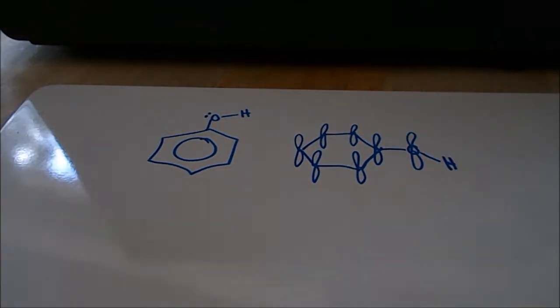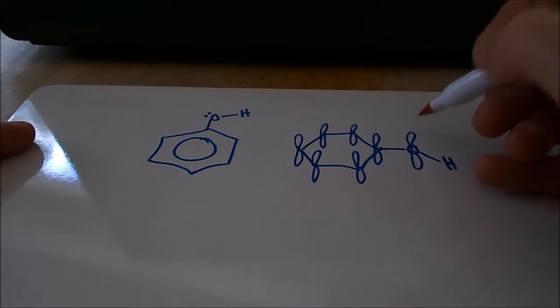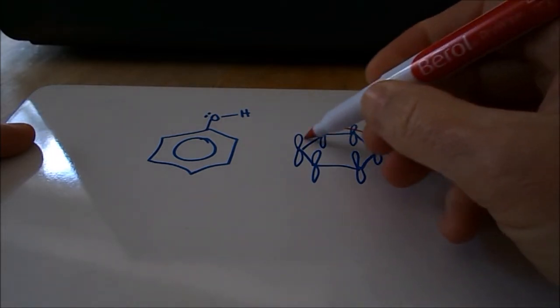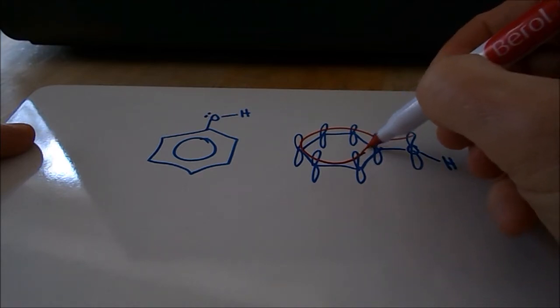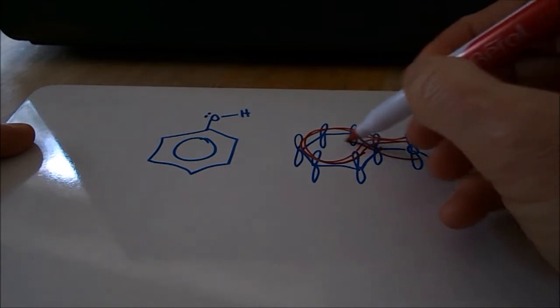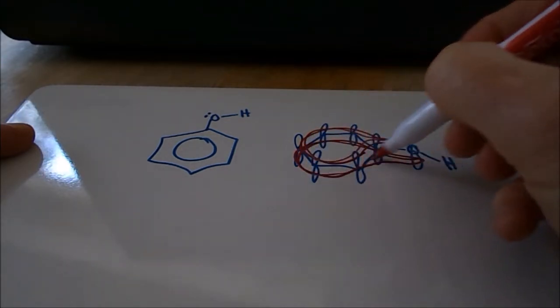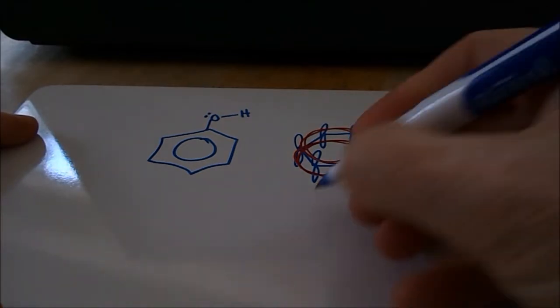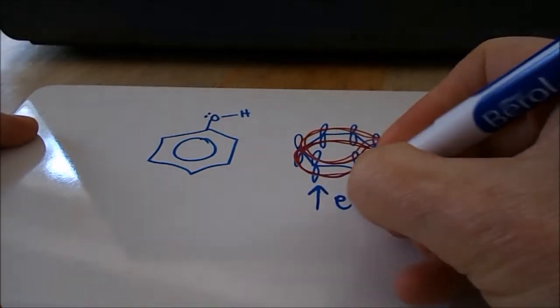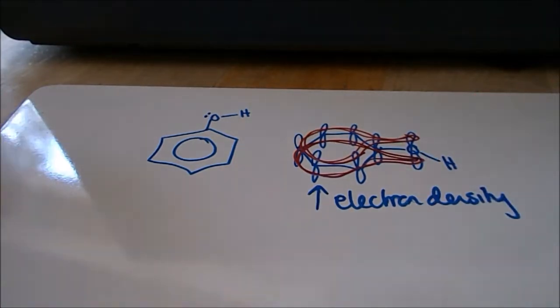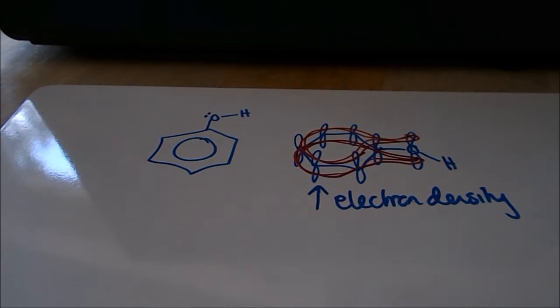So what we can now have is our lone pair of electrons in the p orbital on the oxygen also being delocalized into this ring, so our ring now looks a bit weird. If we now have these additional electrons delocalized into the ring, then we have increased the electron density of the ring. And as we'll talk about with the phenols as well, this actually leads to it being more reactive.